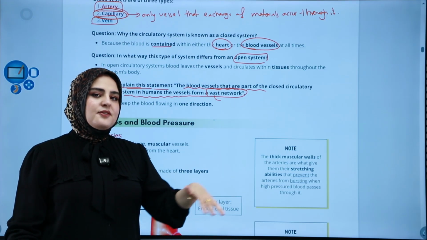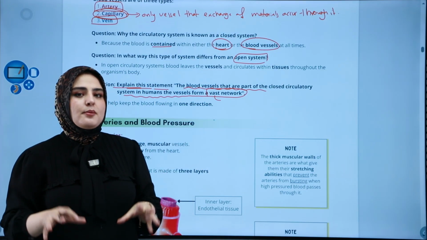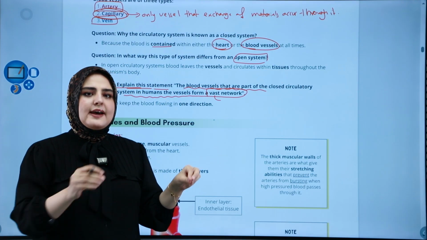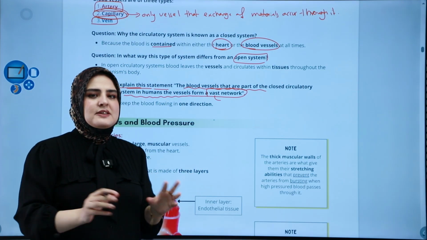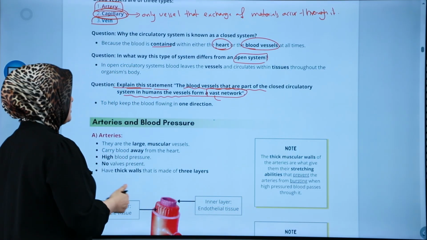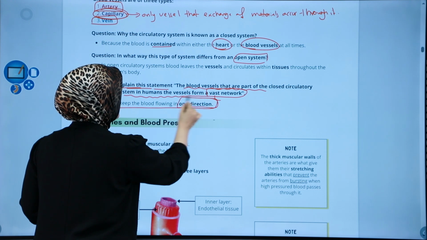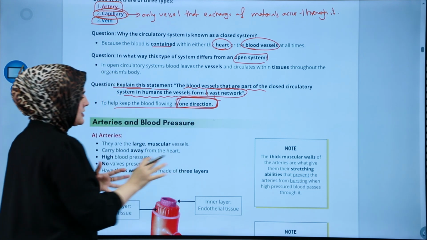We need to take the vessels further and further so that every single cell of your body is close to a capillary, close to a vessel. They can do exchanges and they don't die. It's very, very important. And this way, the blood flows in one direction at all times. It doesn't need to go out.